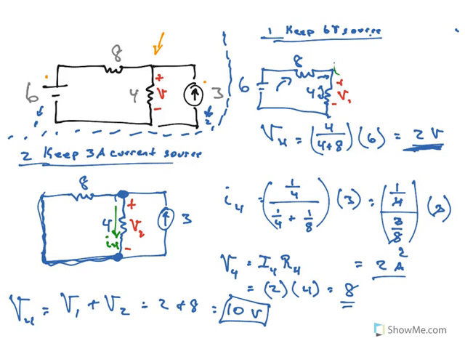I then solve each one of these new smaller circuits for whatever it is the question's asking me. Once I have all of those answers built up, I take the total by taking the sum of each of the individual answers. That gives me the total solution, and that's my final answer.